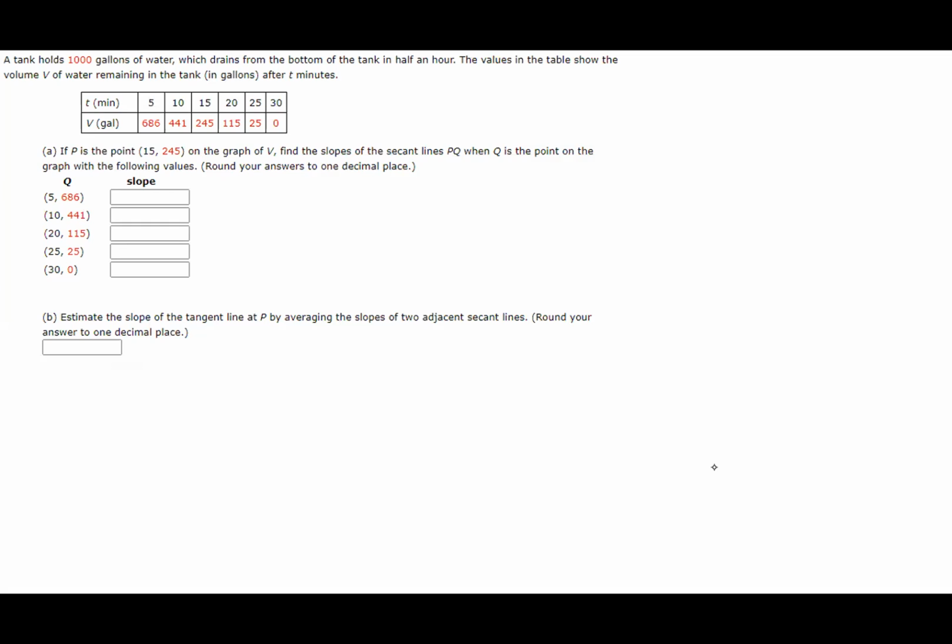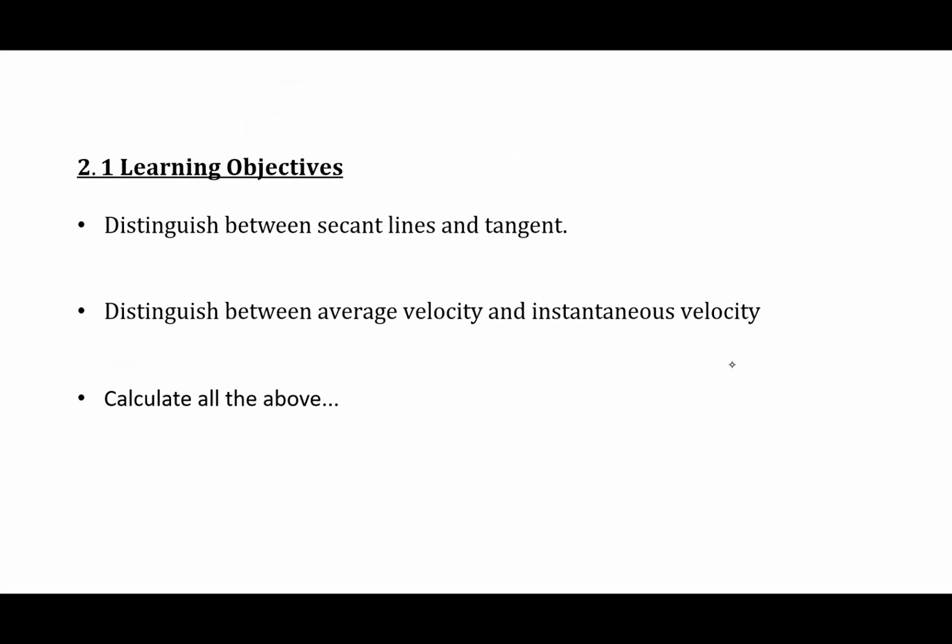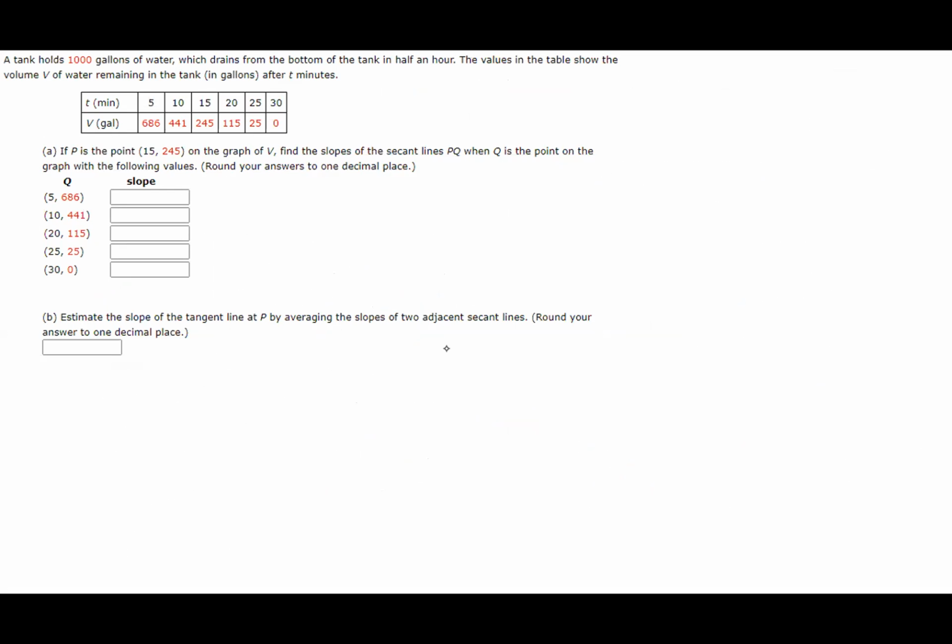If P is the point 15, 245, so what that means is they're talking about this one right there. So at time 15 minutes and 245 gallons, that's the point P.